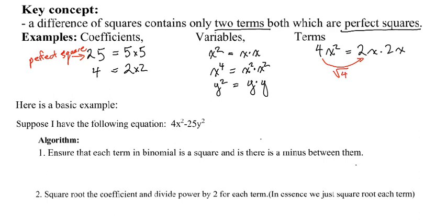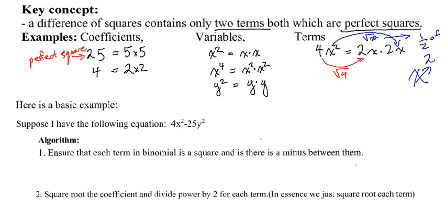And then for the x, we're just taking the square root of x squared, which is like taking half of the number 2, which is the exponent of x.